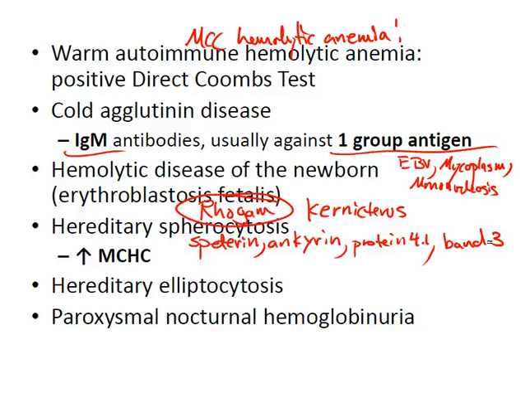Now, without the structural proteins, the RBCs assume a spherical shape, so they cannot move easily through the spleen, therefore you get an extravascular hemolysis by splenic macrophages. The pathognomonic lab is an increased MCHC, or mean corpuscular hemoglobin concentration. How do we diagnose hereditary spherocytosis? We diagnose it with something called the osmotic fragility test.